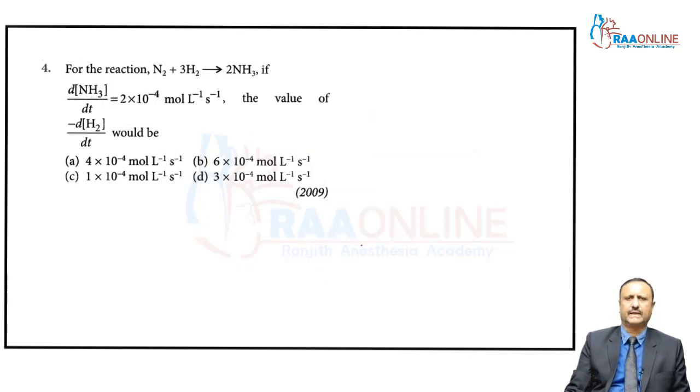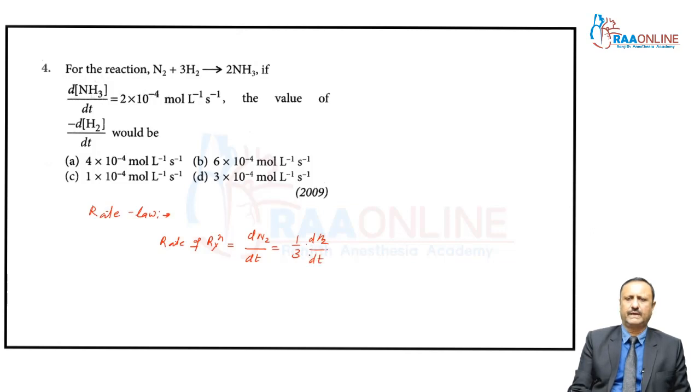Here, my dear students, for the reaction, the value of d[H2]. Here you apply the rate law. First of all, what is the rate law for this equilibrium, N2 plus 3H2? The rate of reaction equals minus d[N2]/dt, equals minus 1/3 d[H2]/dt.